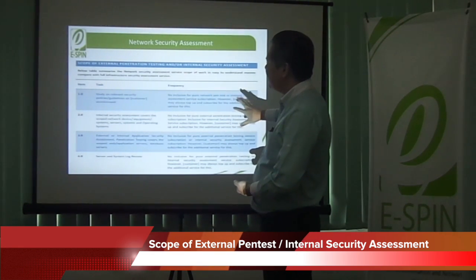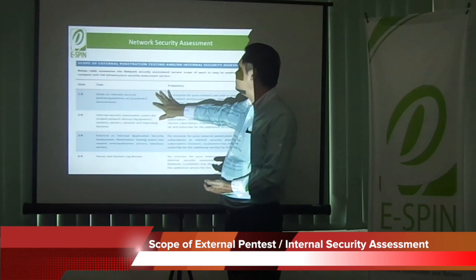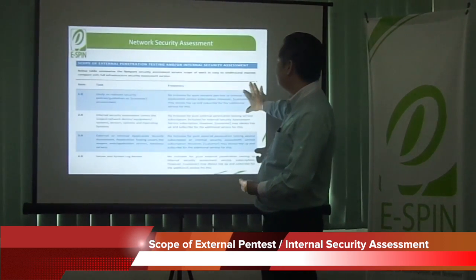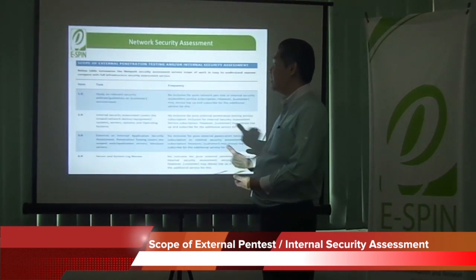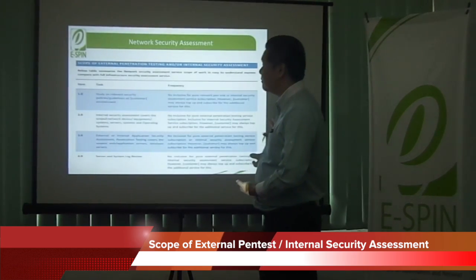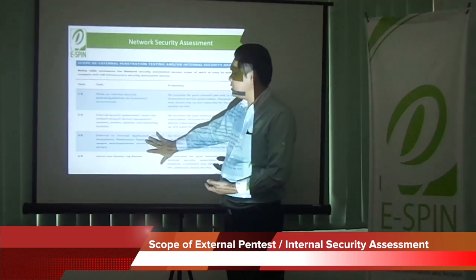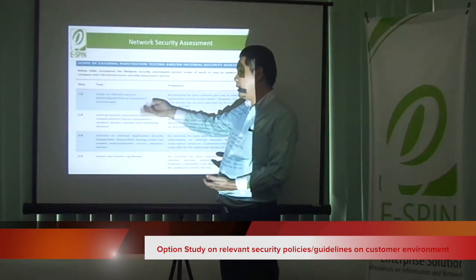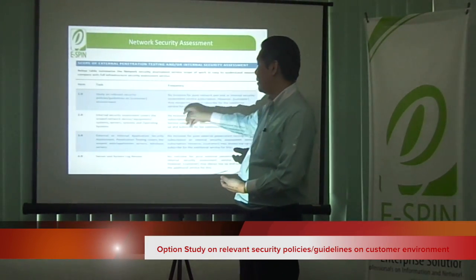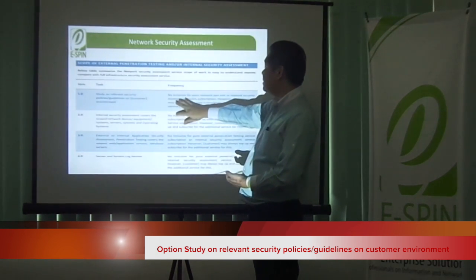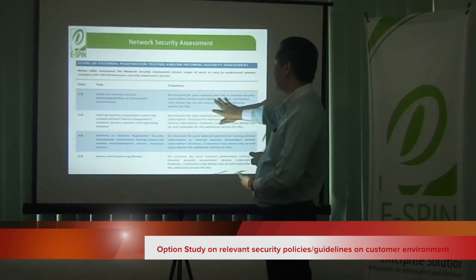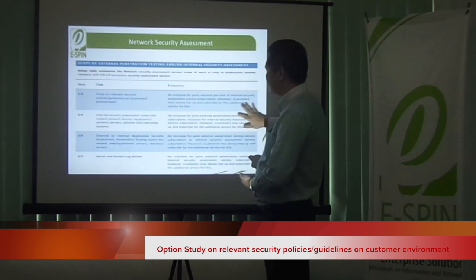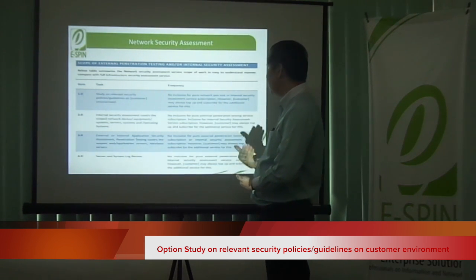So we will summarize in a key table here the typical service scope in an easy to understand manner, complete with the full infra security assessment services. Study on relevant security policy guidelines, so on the customer environment. From this, it is typically not inclusive of the pure pen test or internal security assessment service subscription.